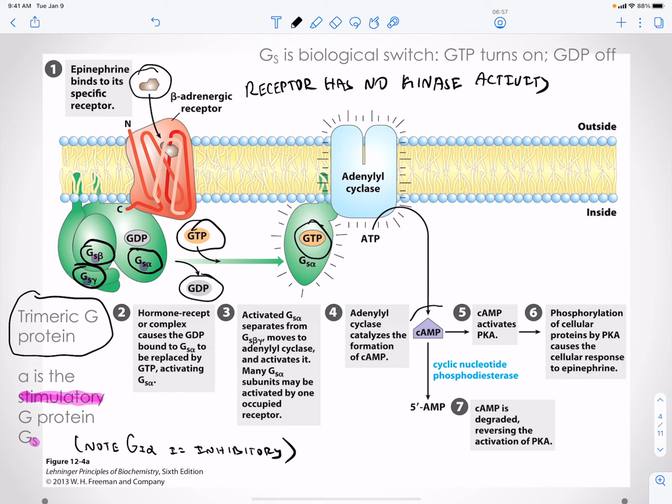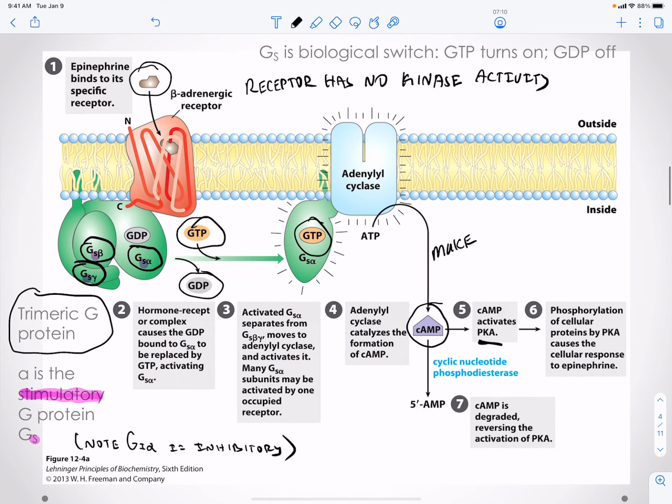Adenylyl cyclase is going to make cyclic AMP, and then this is going to activate protein kinase A. It can also become a 5' AMP when it's degraded, and so this is going to turn things off. Activation of protein kinase A is going to initiate a response to epinephrine.